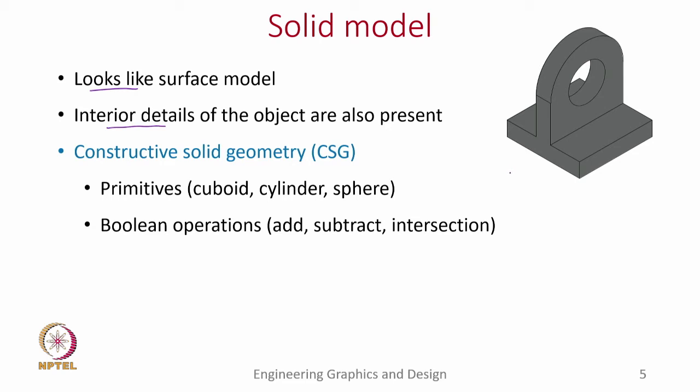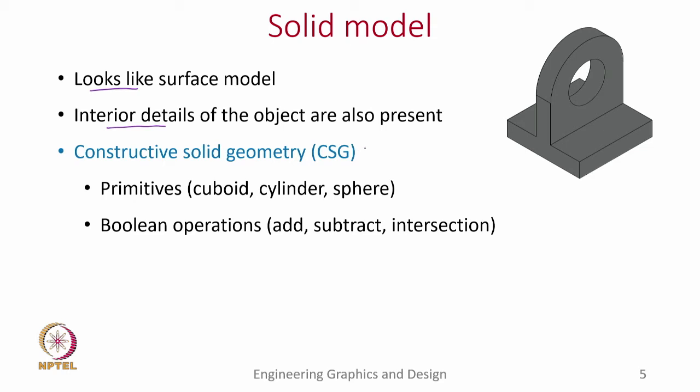Both are possible. If I modeled it using just the surface model, I can't answer whether it is a solid object or a hollow object. But if I model it with solid modeling, I can answer this question. Hollow means, let us say, it is made up of some thin sheets, so that inside it is encompassing a volume.